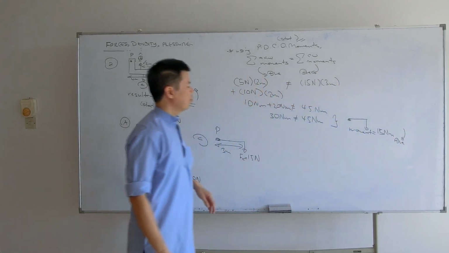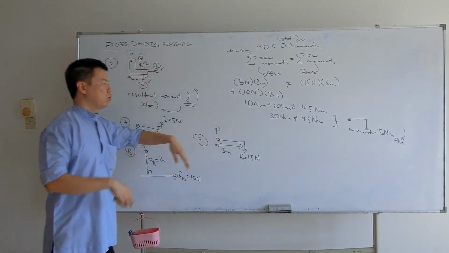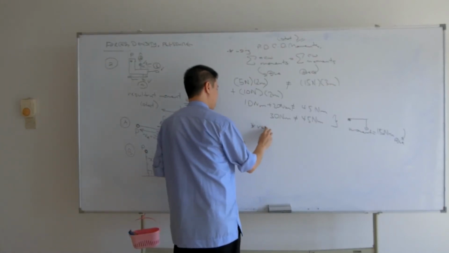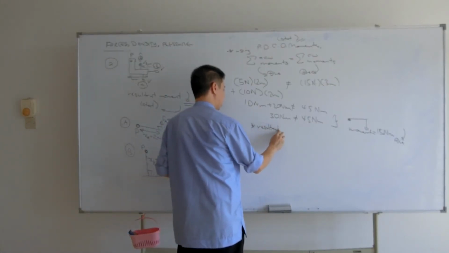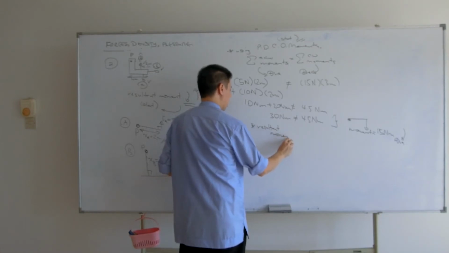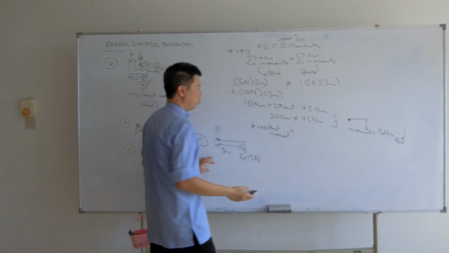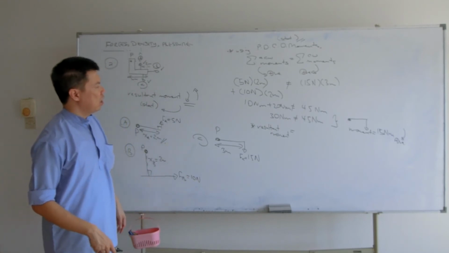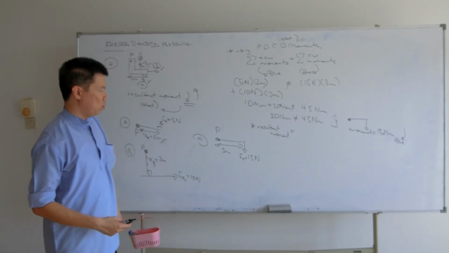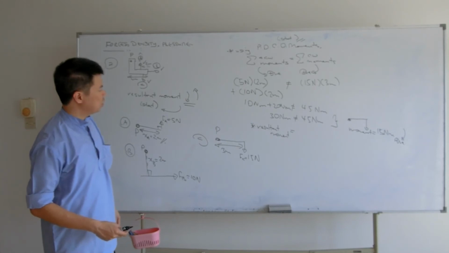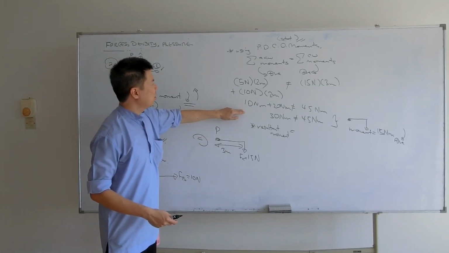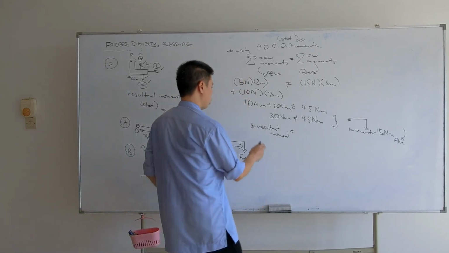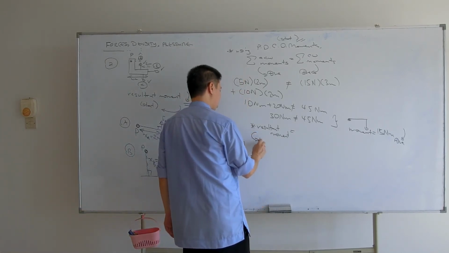If you want to do it in a formula, quite easy. What you can do is this: resultant moment. Just like we do resultant force, you must choose a direction. So here you choose a direction. Let's say we didn't know what the direction is. Let's just say the resultant moment, the final moment, will be in the anti-clockwise direction. So you choose anti-clockwise to be positive.